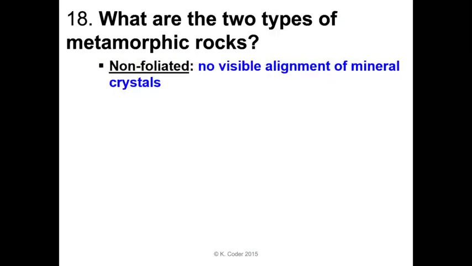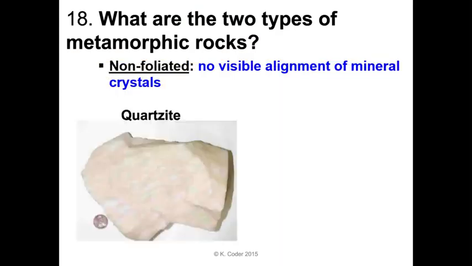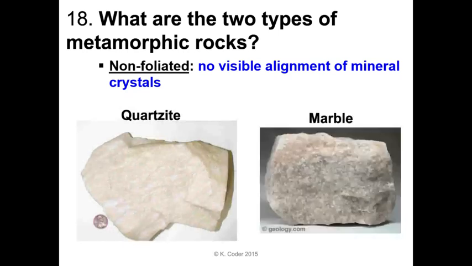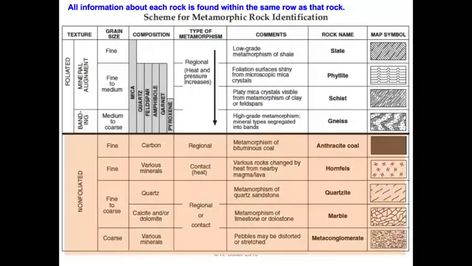Now, the non-foliated rocks, which are at the bottom of our chart, okay, there's no visible alignment of mineral crystals. So examples would be quartzite and marble. Okay, and they're located on the bottom of our chart. And you'll see the types of metamorphism down the bottom.